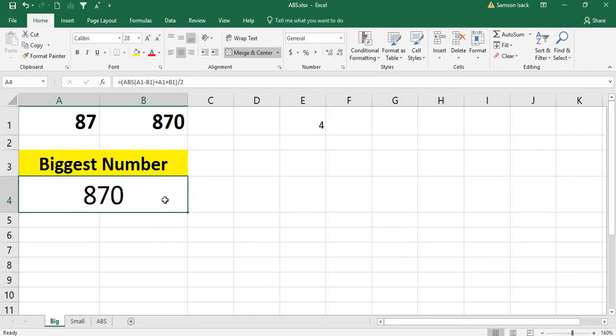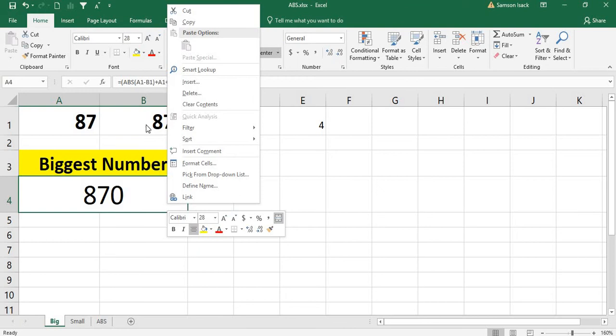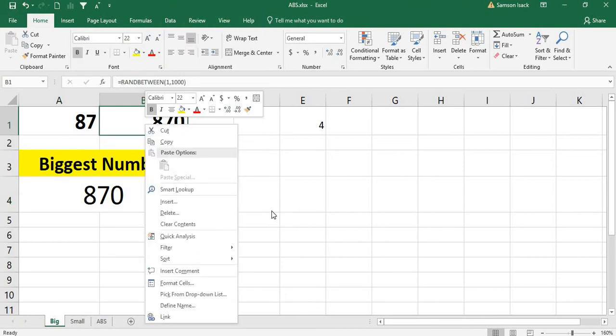Okay, so I put two random numbers here. You can see every time you perform this action, you will find the new number, the biggest number.